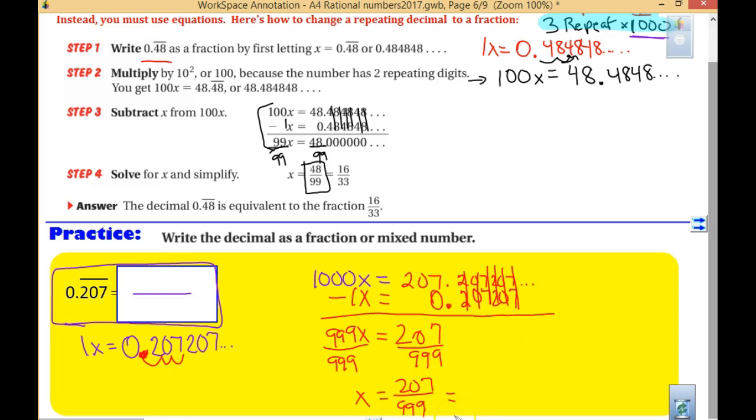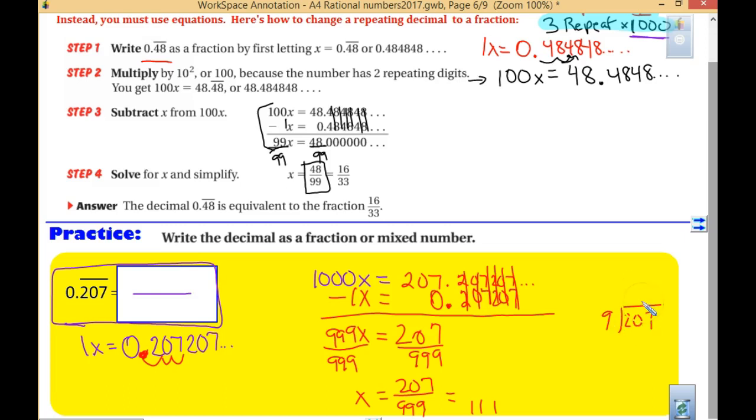Because of all those 9s, we think we should be able to divide by 9, right? 999 divided by 9 is 111. 207, I don't know if I can divide that. If you remember your rules for divisibility, if you add the digits 2, 0, and 7, you get 9. If the digits add to something divisible by 3 or 9, then the number, 207, is too.